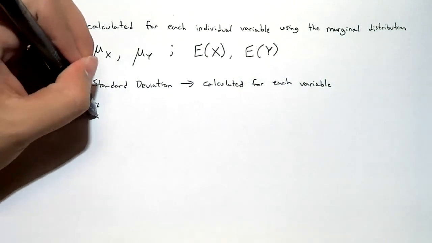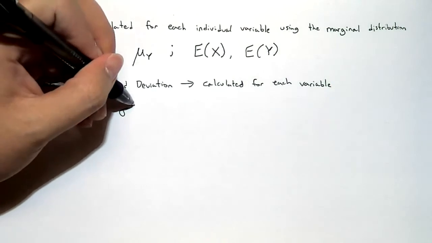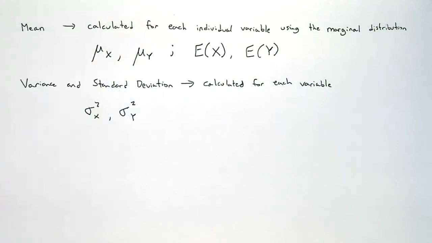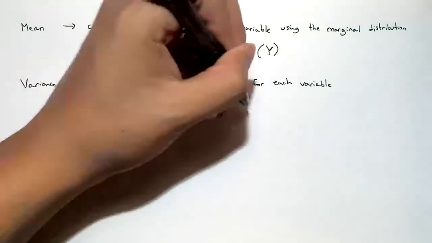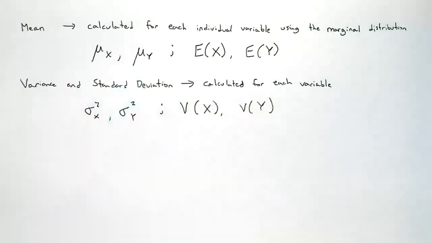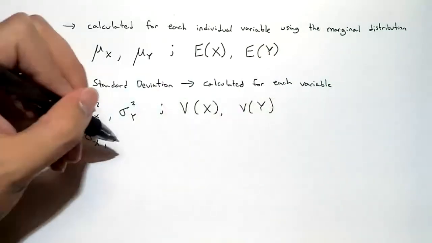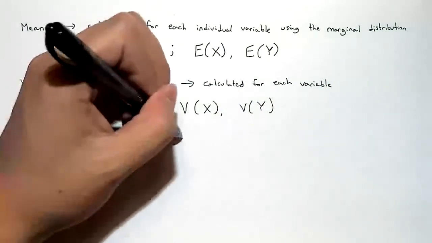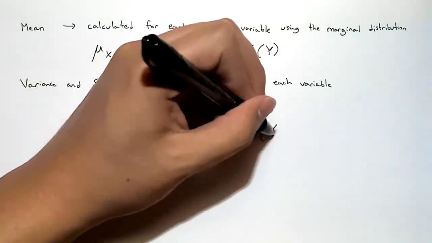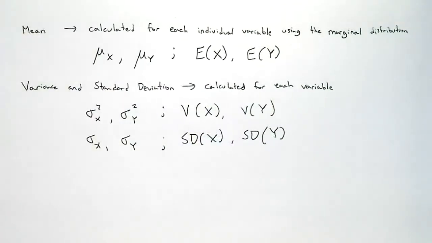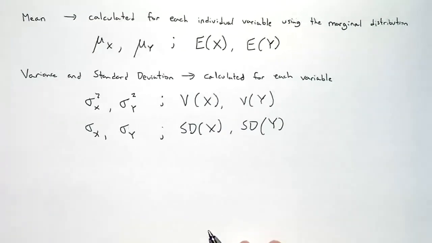You want to specify if it's x, if it's y. You may want to also just use the variance function. Or if it's a standard deviation, once again, you specify if it's x or y, or you just use the function. Whatever's easiest for you. Like I said, I'm going to use both just to get used to both styles.